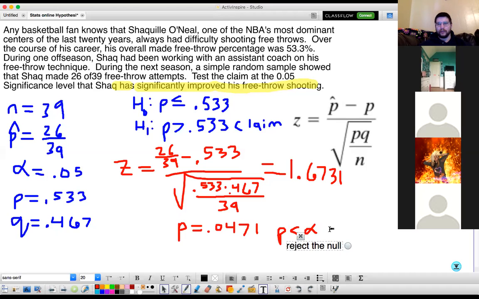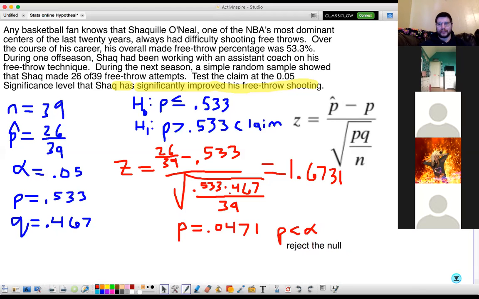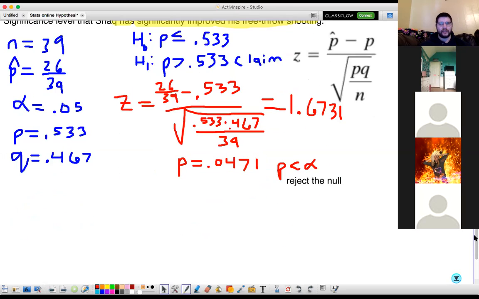If we want to use the traditional method, get the critical values, we can. Don't have to, unless, you know, the problem actually says find the critical values and sketch it, then you would. So to get the critical values, we'd use the inverse norm of our alpha.